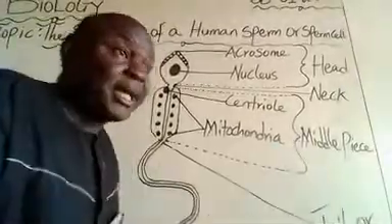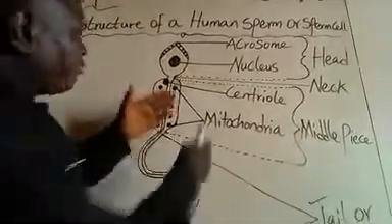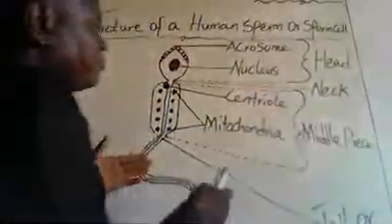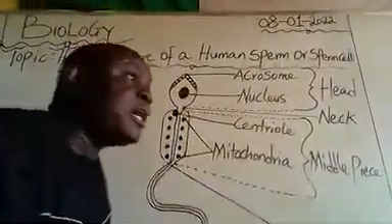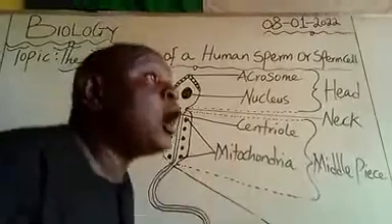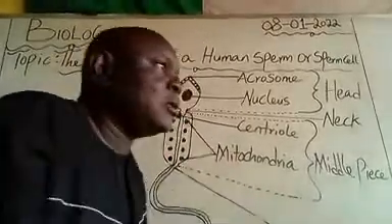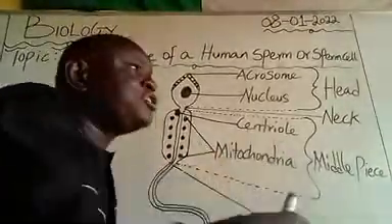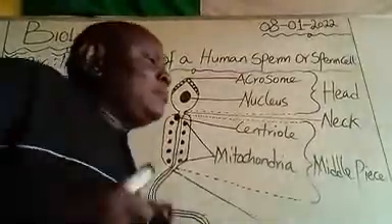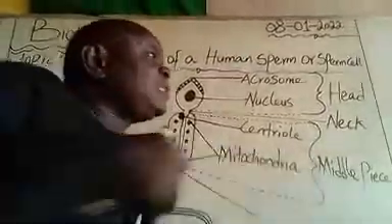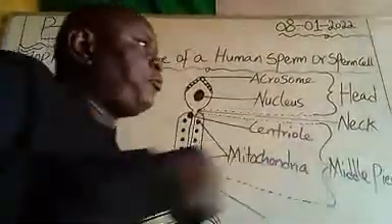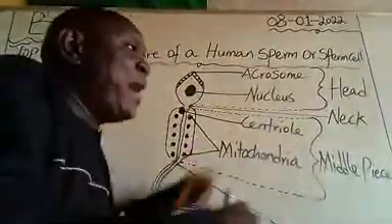The function of the middle piece: it contains a lot of mitochondria, and mitochondria generate energy for the swimming of the sperm.